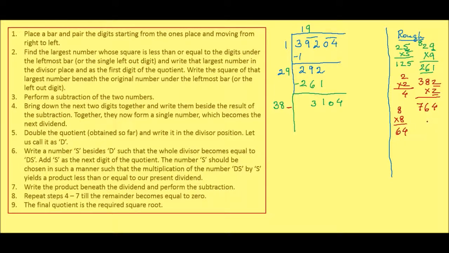So if we take the value of this S to be equal to 8, let us see what happens. The whole number will become 388 because we will be writing an 8 over here, and we have to multiply this 388 with 8. Let us see what we get. 8 times 8 is 64. So we bring down 4 and 6 is written over here at the top. 8 times 8 is 64 plus 6 is 70.